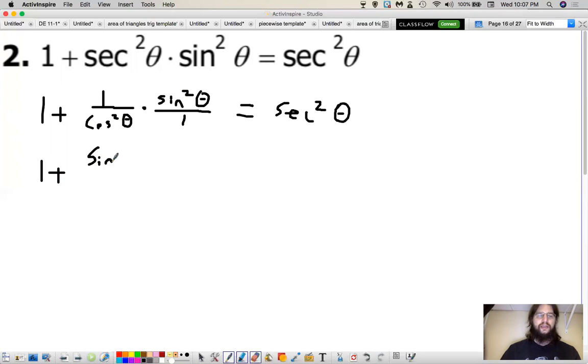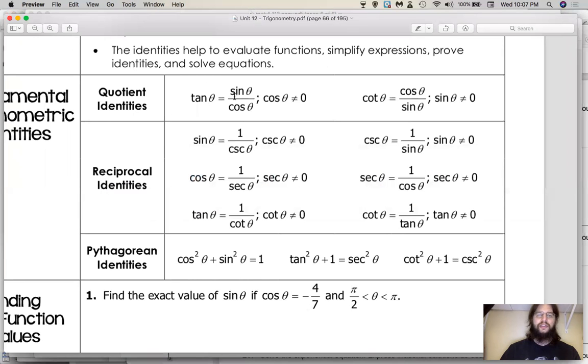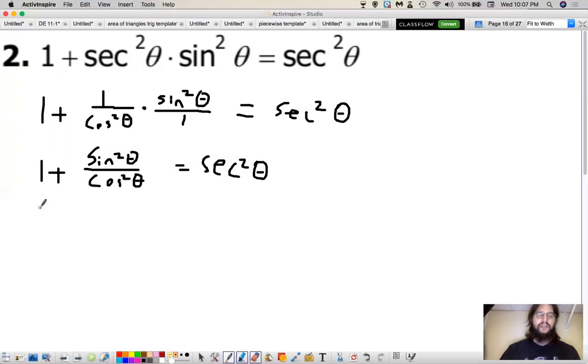That's sine squared theta over cosine squared theta equals secant squared theta. From here, we can rewrite this. Sine over cosine. That sounds familiar. It should. It's what tangent is. This is 1 plus tangent squared theta. All right, equals secant squared theta.